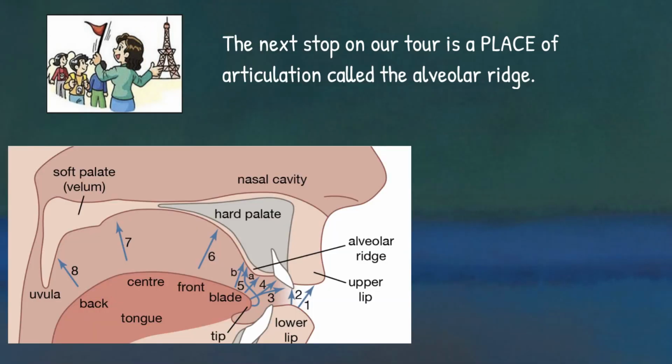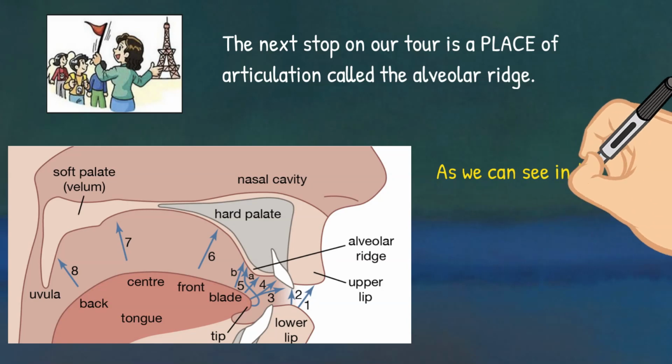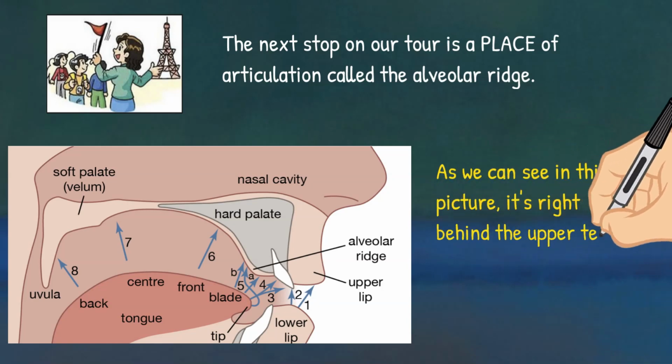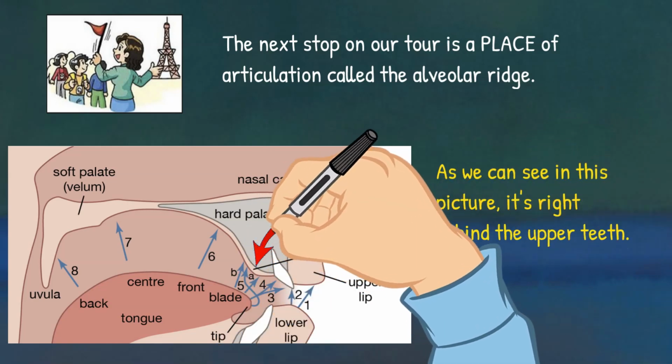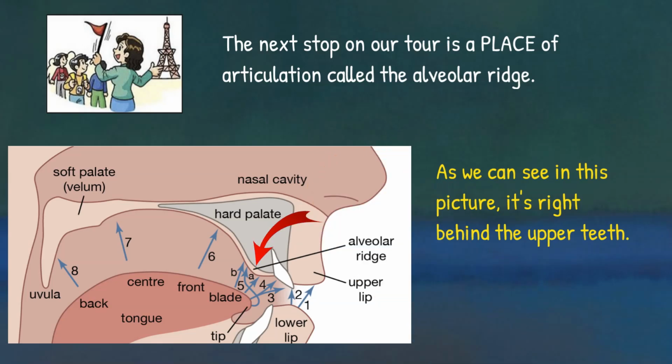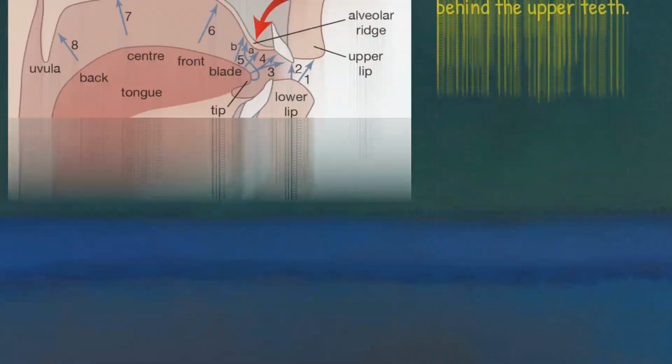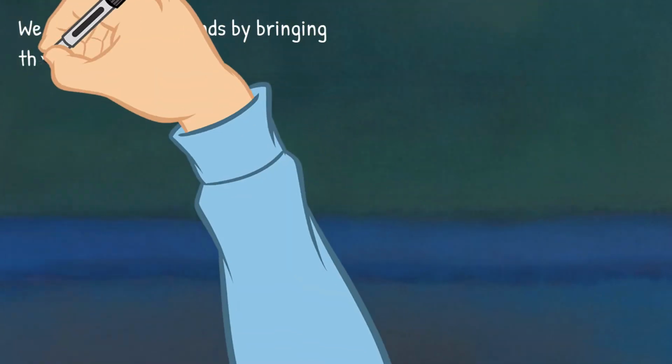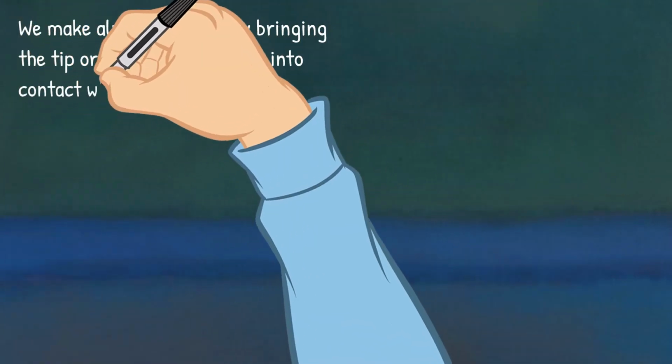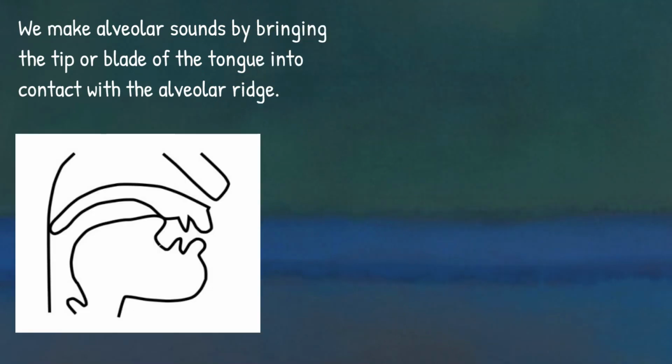Here's a close-up sagittal section view. As we can see labeled in the picture, the alveolar ridge is directly behind the upper teeth. We produce alveolar sounds by bringing the tip or blade of our tongue into contact with the alveolar ridge.